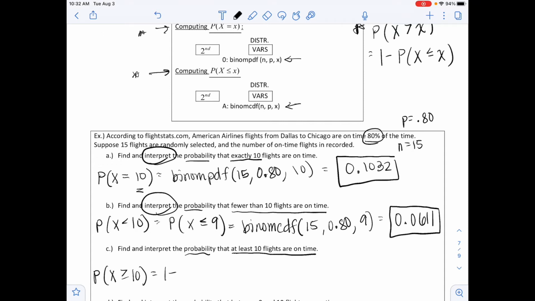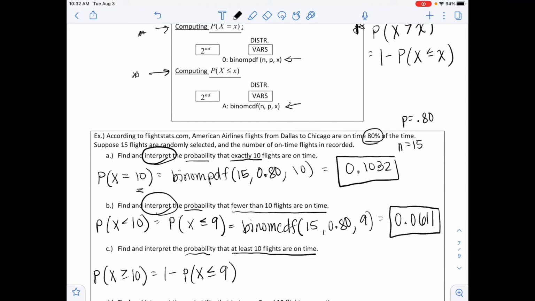So we're going to have to do 1 minus, and since I'm talking about 10 and larger, I want 10 flights on time, 11, 12, 13, 14, or 15. The part that I could take would be 100% or 1, and subtract away what I do not want, which would be the probability that our flights are less than or equal to 9.